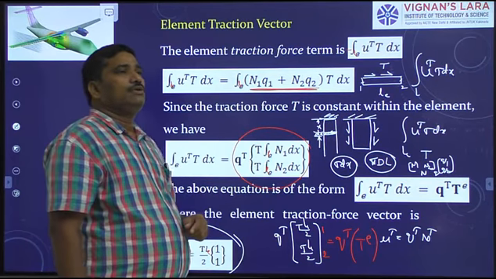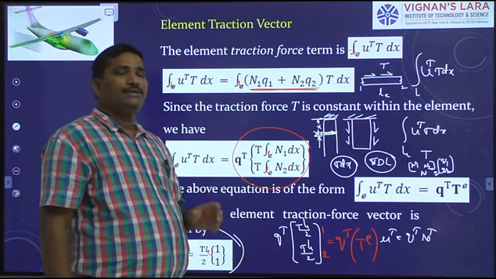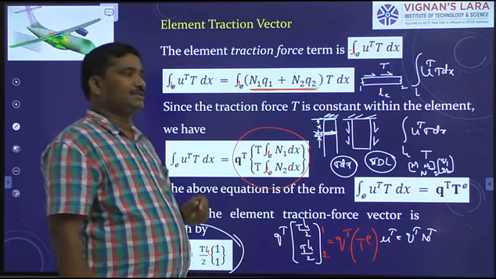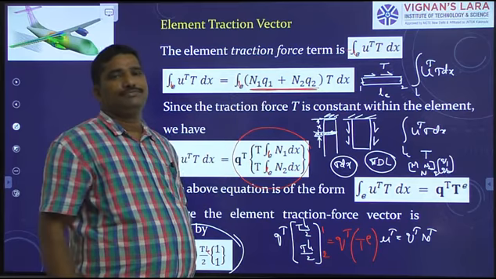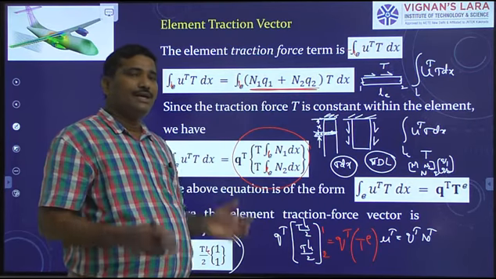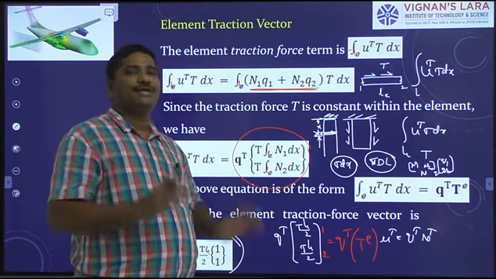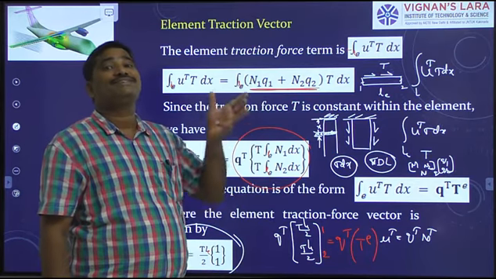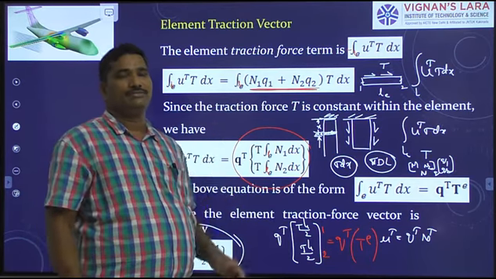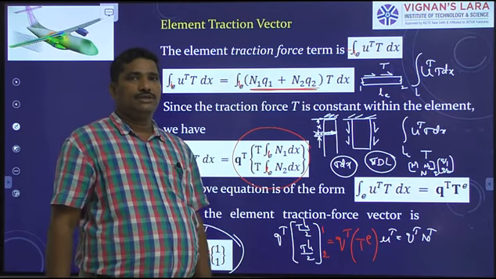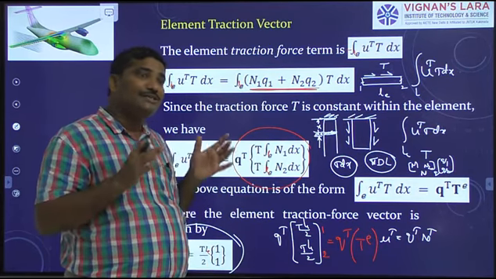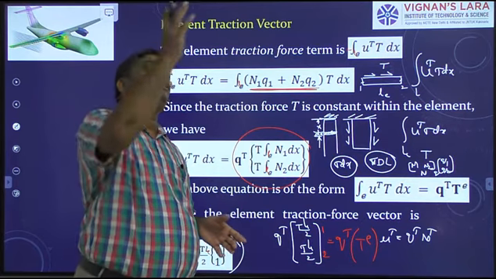Now, once you determine the element stiffness matrix for each element, you assemble them, and then you get what is called the global stiffness matrix, which represents the stiffness matrix of the entire domain.